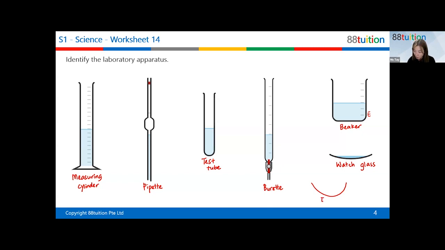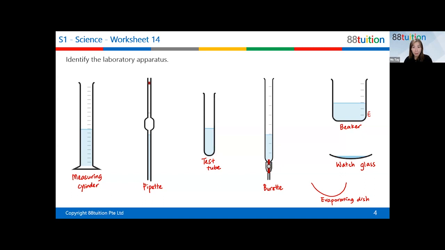Evaporating dish is opaque, in fact. I think you all have already tried evaporating something in school, right? Evaporating dish, let me show you. It looks like this.